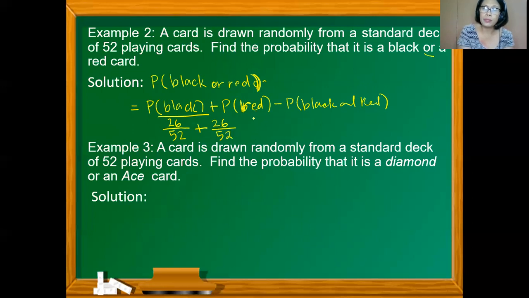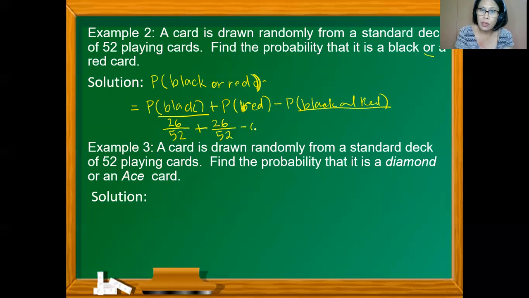Now, since black and red card classes are mutually exclusive events, meaning it's impossible that when we select a black card, at the same time we will be able to select a red card. So that's impossible to happen. So the joint probability between two mutually exclusive events is zero.